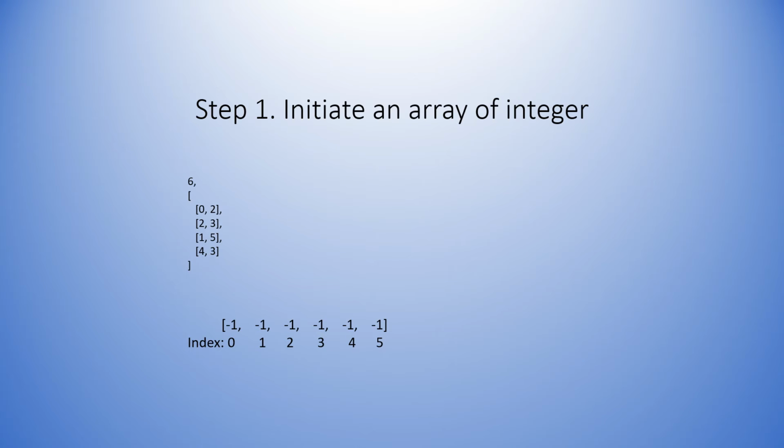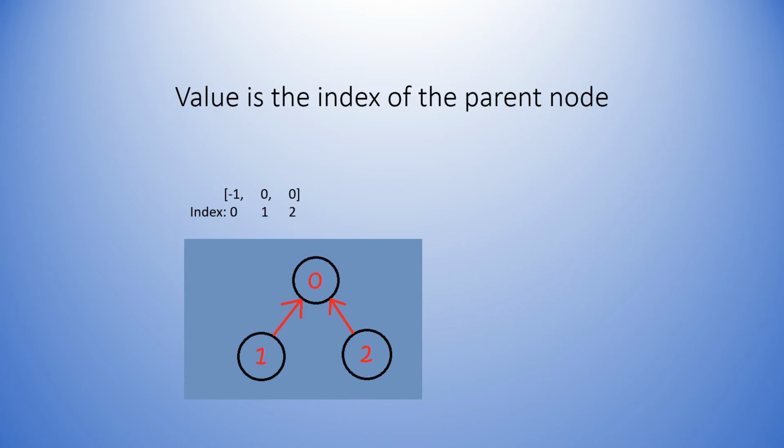So, what does the array we created mean? Why did we initialize the value to -1? In our array to perform UnionFind, the value on a certain index is the index of its parent node. For example, in this short array, the value on index 1 and 2 is 0.